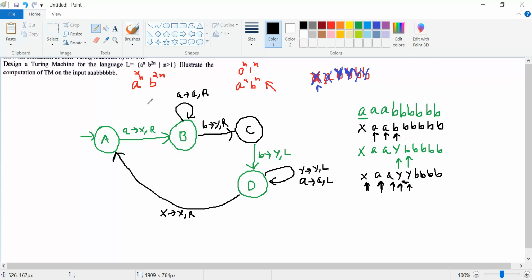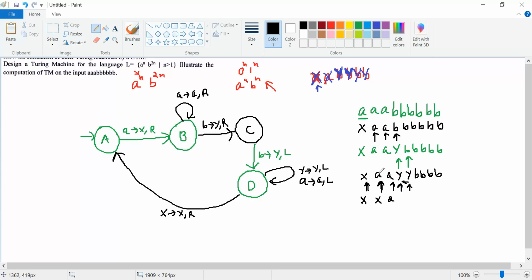Right, then process again, like A is crossed off, right? So the next A will get crossed off, then this A skips, then on the way back we see Y. So we have not included that in our stage B, right?